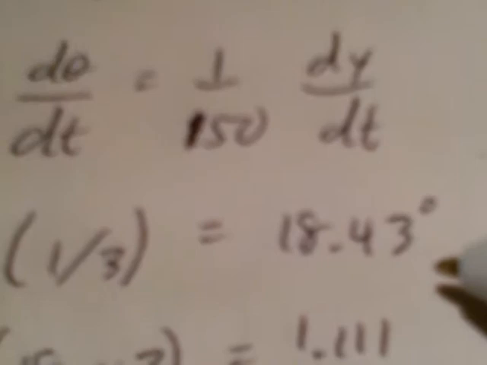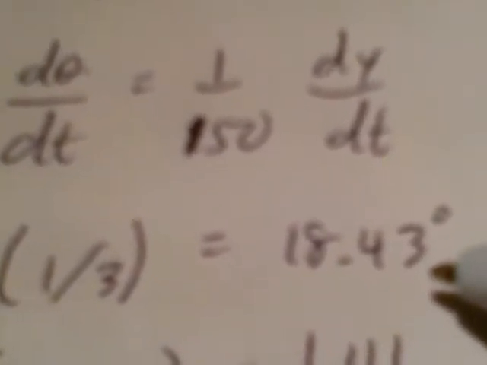So we want to know the angle whose tangent is 1/3. So inverse tan of 1/3 turns out to be 18.43 degrees. But we don't really want the tangent of that, we really want the secant of that. Or actually the secant squared of that, so the secant squared of 18.43 turns out to be 1.111.